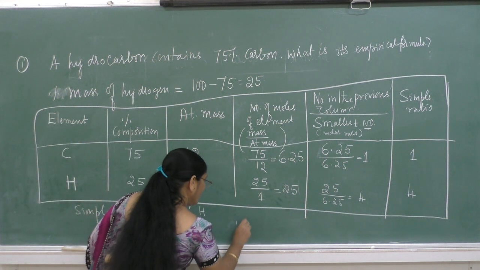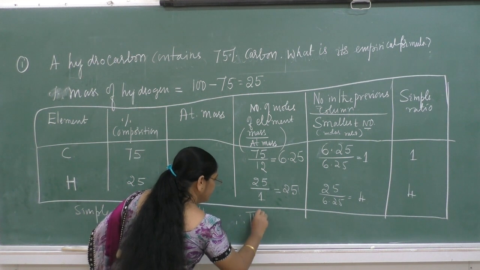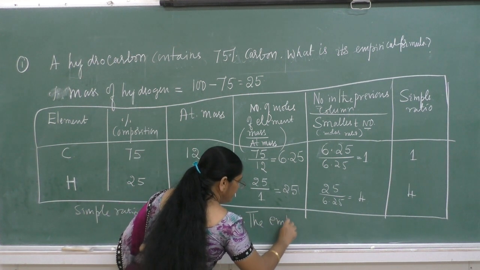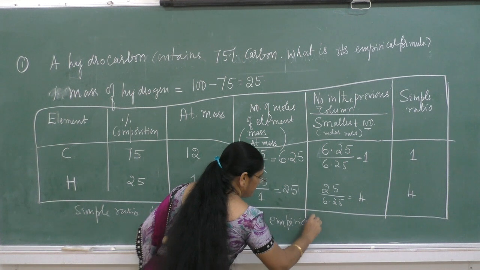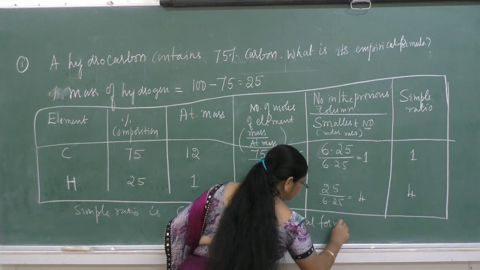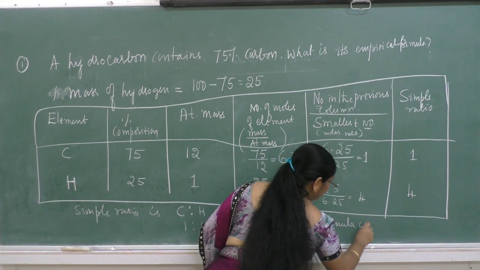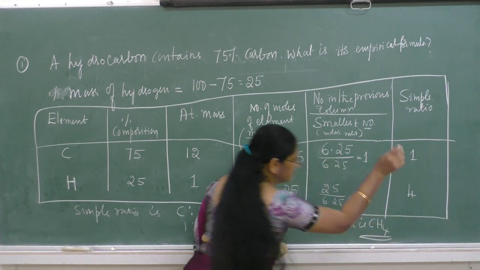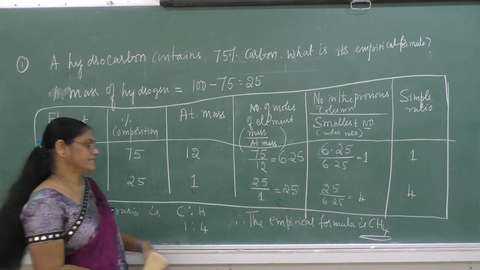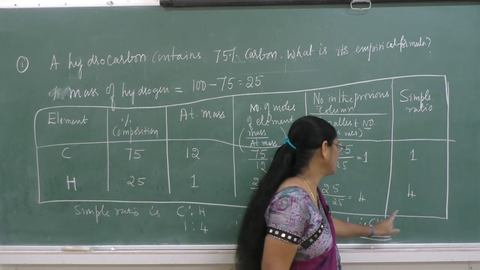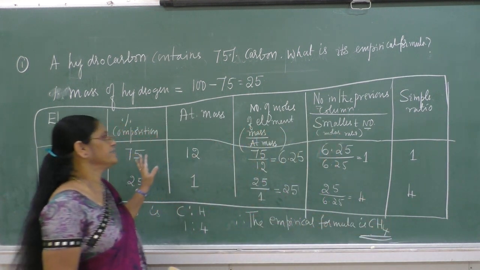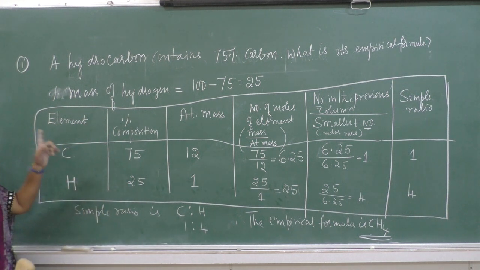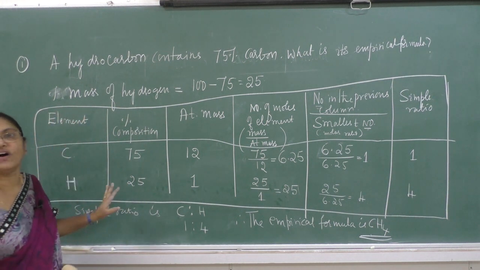So therefore, the empirical formula is CH4. This is the answer. So this is the method to determine the empirical formula.